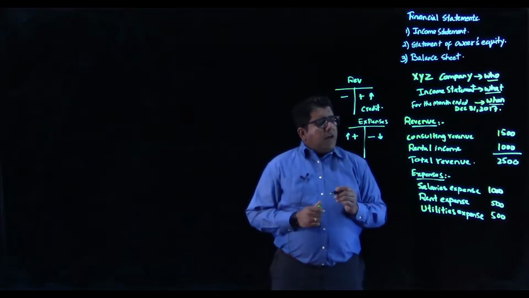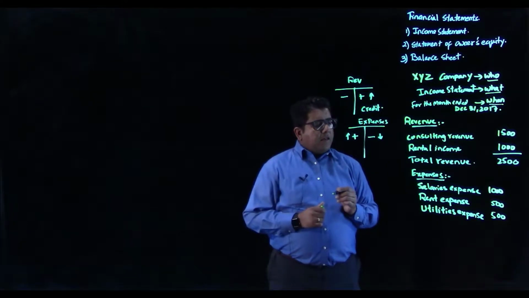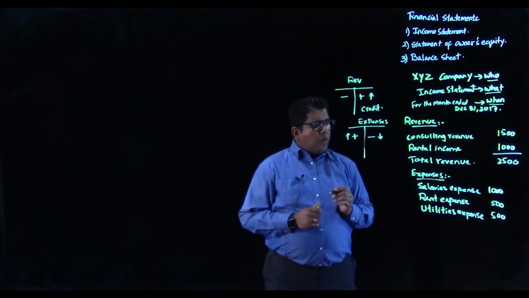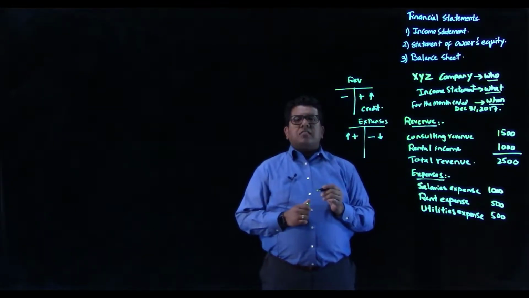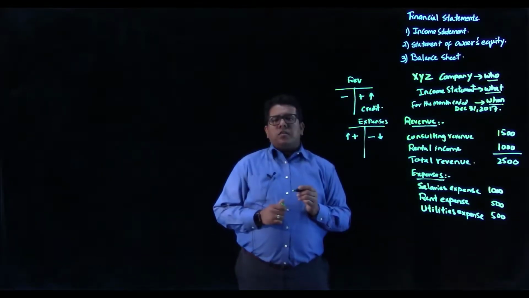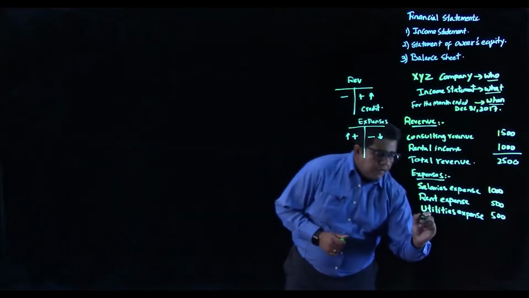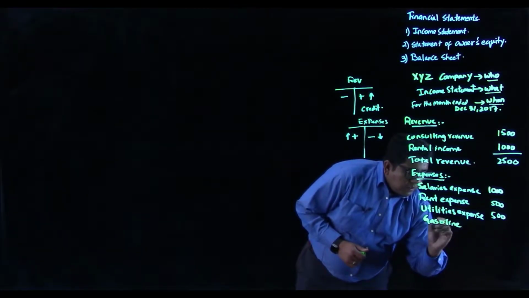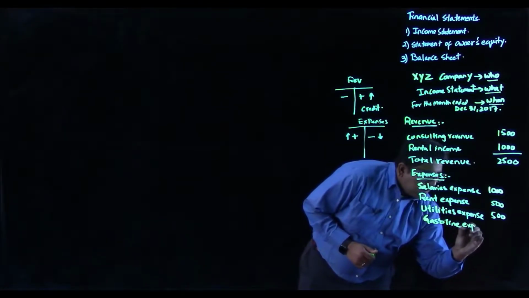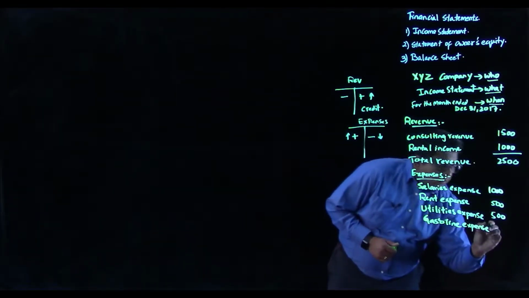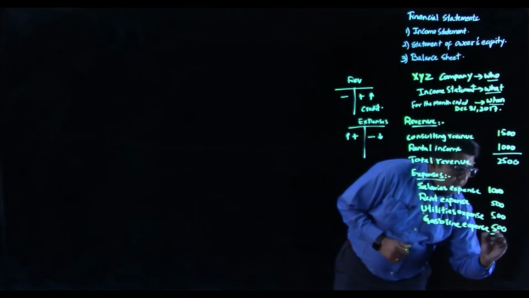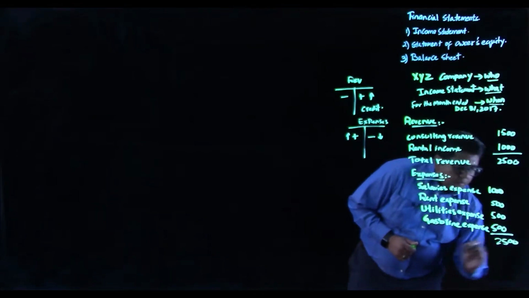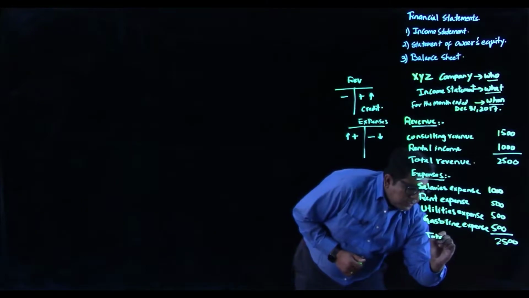So you have 2,000, and finally you had another expense for your car, your gasoline. You were driving and you had a gasoline expense of 500 as well. So that came out to 2,500. Those were your total expenses.